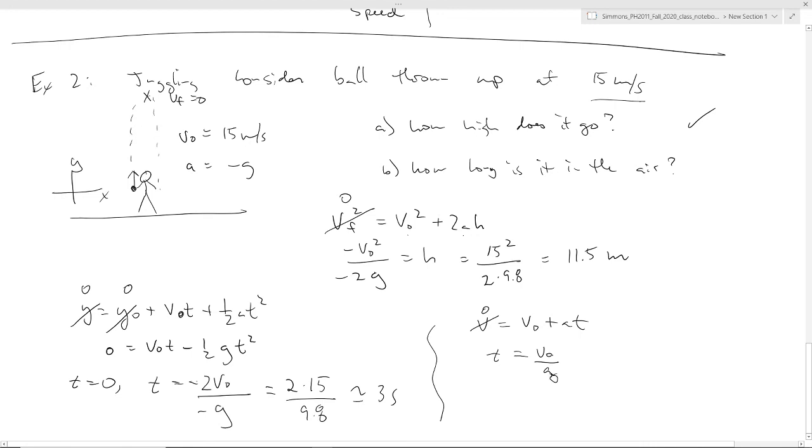Well, v naught over g here. Which is just the time to the top. It'll take the same amount of time to come from the top back down to the bottom. So really, we would have to multiply this by 2. And then we would have the same thing as we have here. So just another way of thinking about that problem.